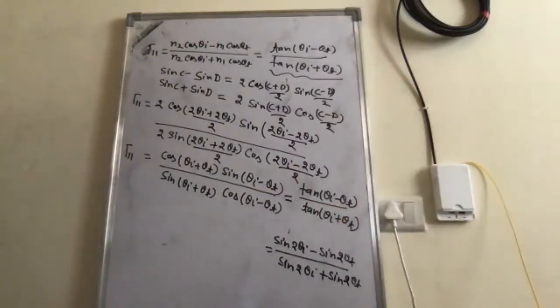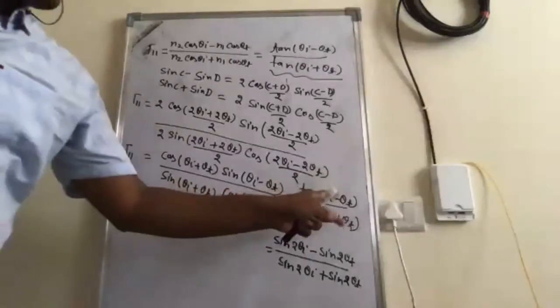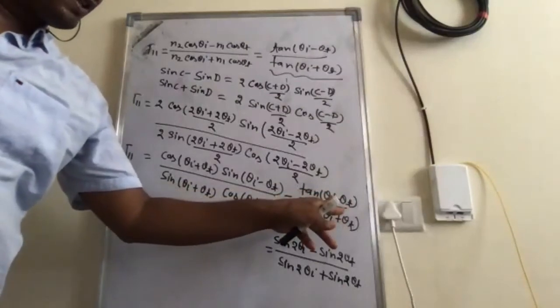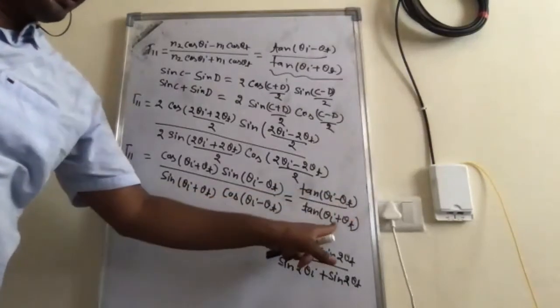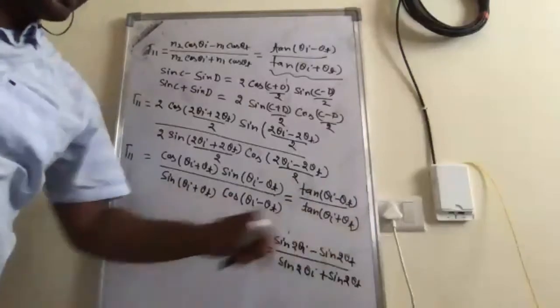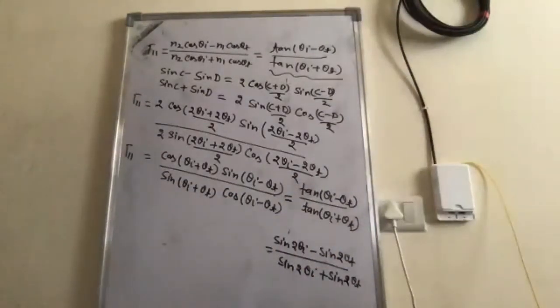So in this way we have derived the reflection coefficient for the parallel polarized light in terms of the tangent of the difference between the angle of incidence and transmission, and the addition of the angle of incidence and the angle of the transmitted plane wave. There is no refractive index, there is no impedance in this form.